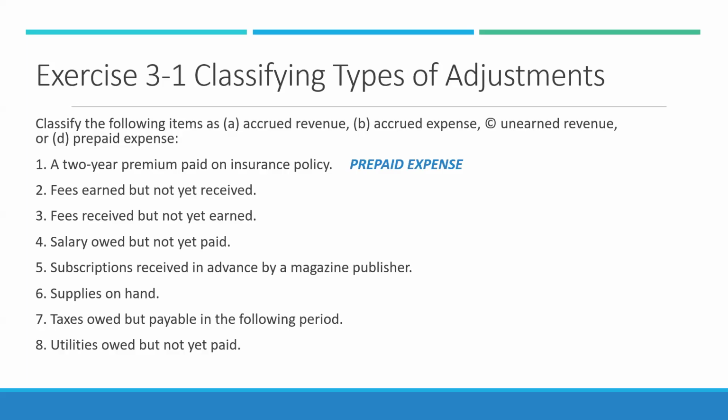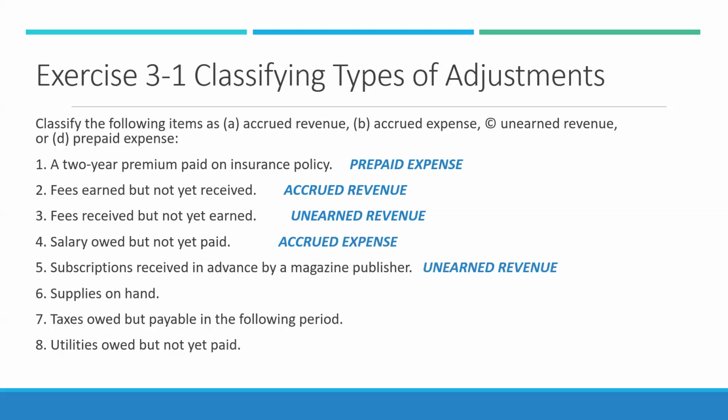What about fees earned but not yet received? Accrued revenue, because these are fees we earned, but we haven't gotten the money yet. Fees received but not yet earned, that's unearned revenue. Salaries owed but not yet paid, accrued expense.